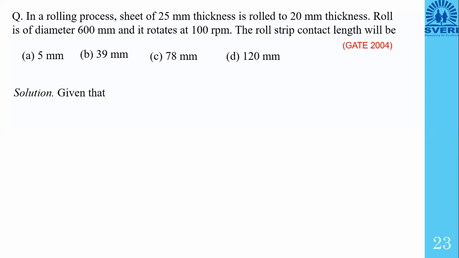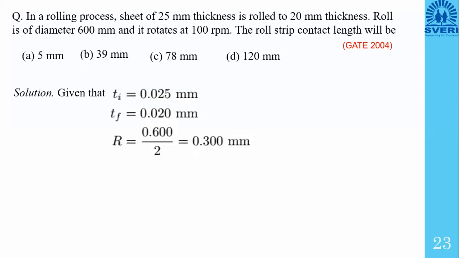So what is the given data? Given data is Ti, Tf, and R. Is it right? So just calculate the roll strip contact length.